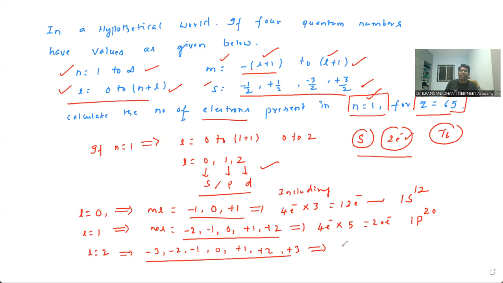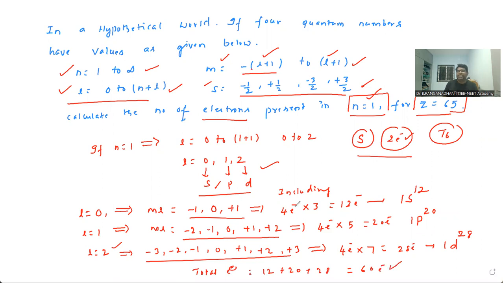According to the spin quantum number, 4 electrons into 7 subcells, so that is 28 electrons. L equals 2 is the d orbital, 1d with 28. So the total number of electrons in these orbitals is 12 plus 20 plus 28, which equals 60 electrons.